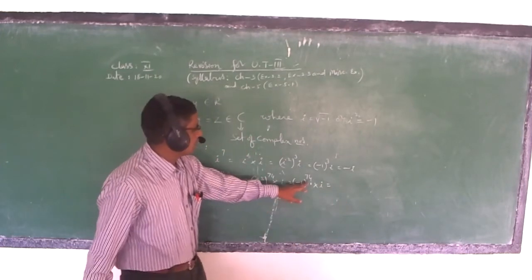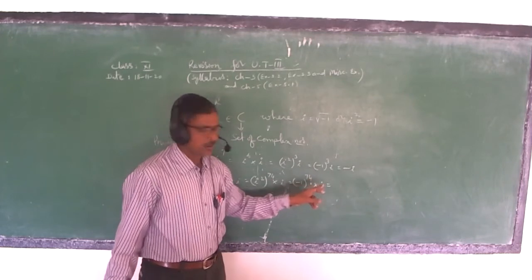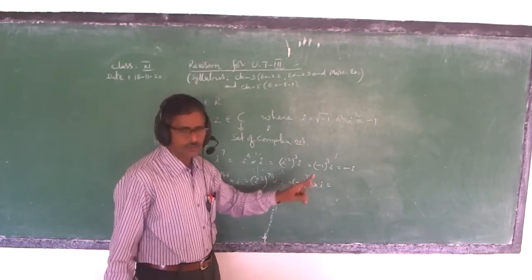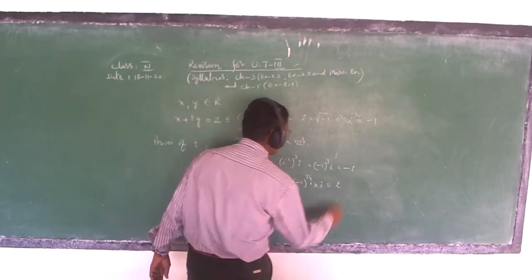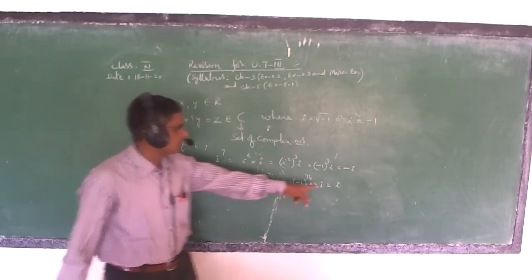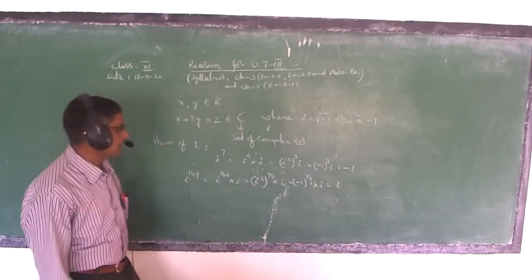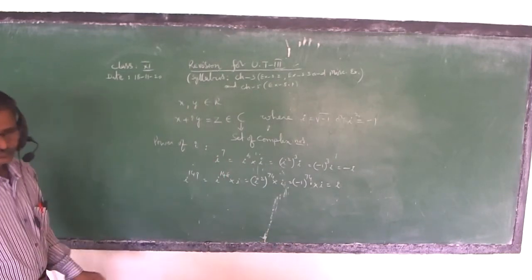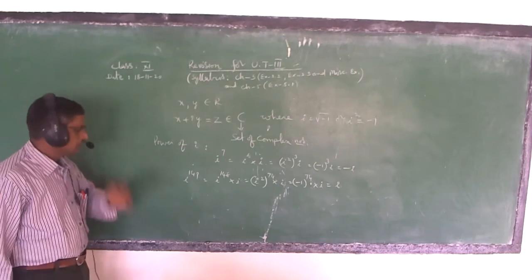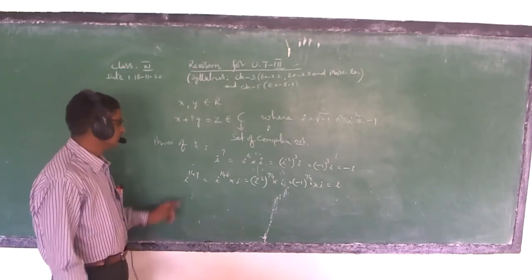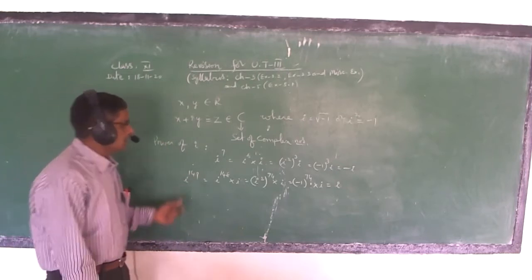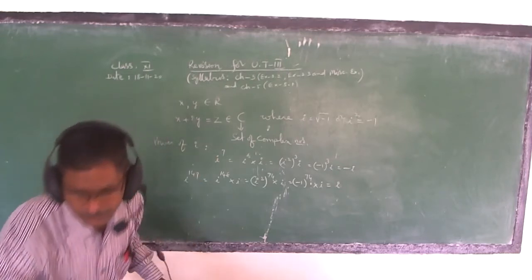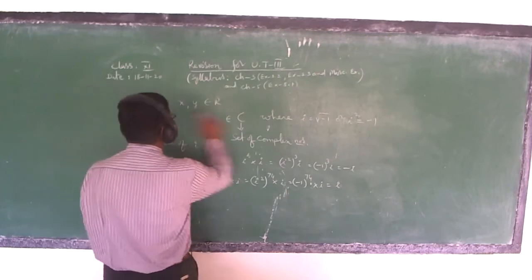Here minus 1 whole power 74 is an even power. When you multiply minus 1 an even number of times, we get a positive value. That is plus i. So i power 149 is always equal to i only. Right, beta? So this is how we can find out i power anything. Similarly, let us find out i power some negative number.